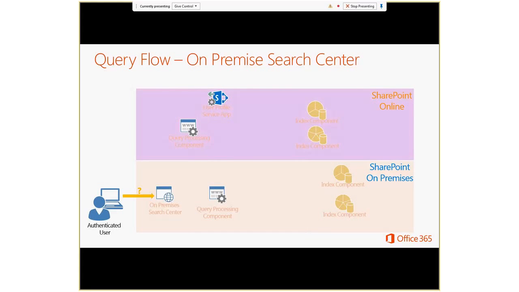Before we even get into the details, let's look at how the query flow works. When the user types in a keyword and presses enter to retrieve the search results, the first thing which happens is the query processing component calls the index components to retrieve the query results.